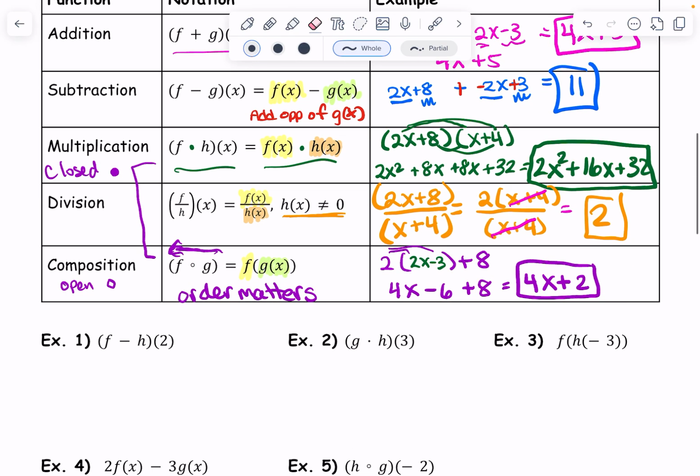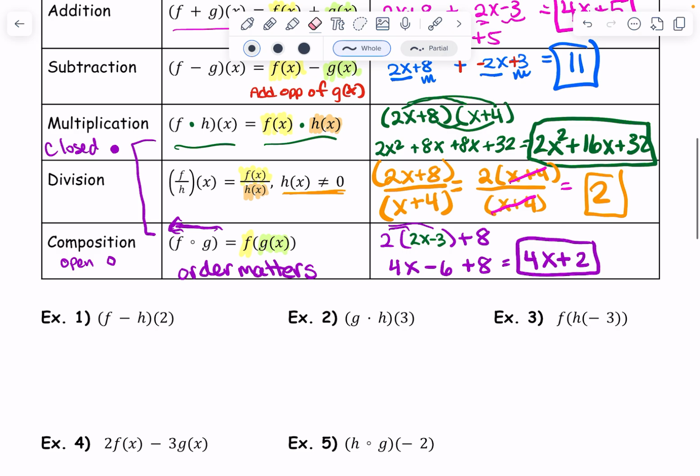Okay, so let's look at all of these. Now, as you look through here, the examples that we had above, we were just substituting an x in, right? We were dropping an x in, okay?